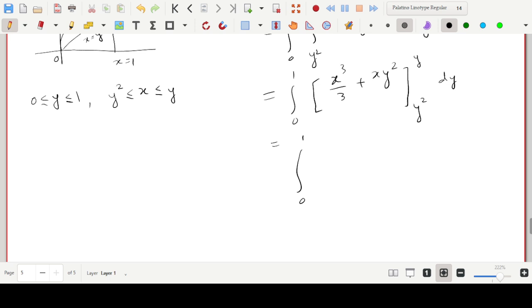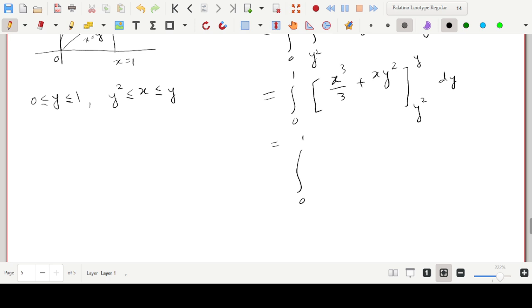Okay, now we shall substitute here the values of the functions of y for x. Y square will remain as it is. Only the x will be replaced by 1.